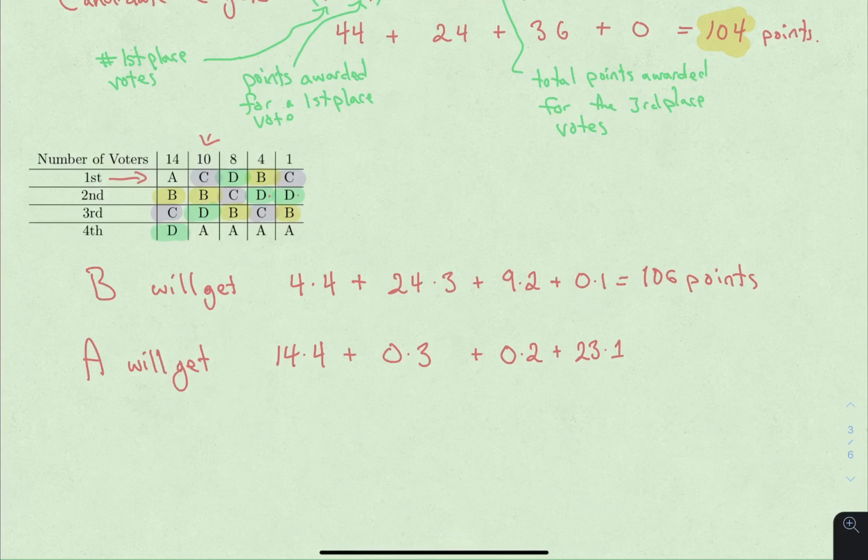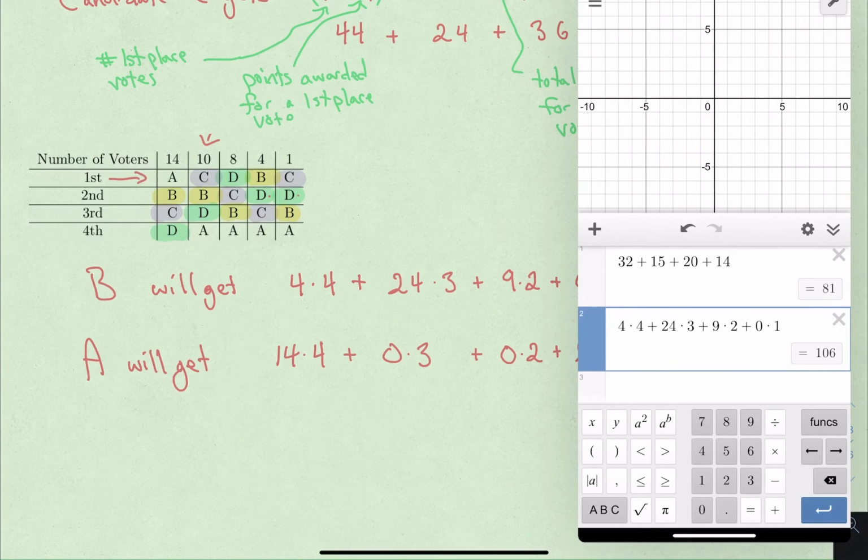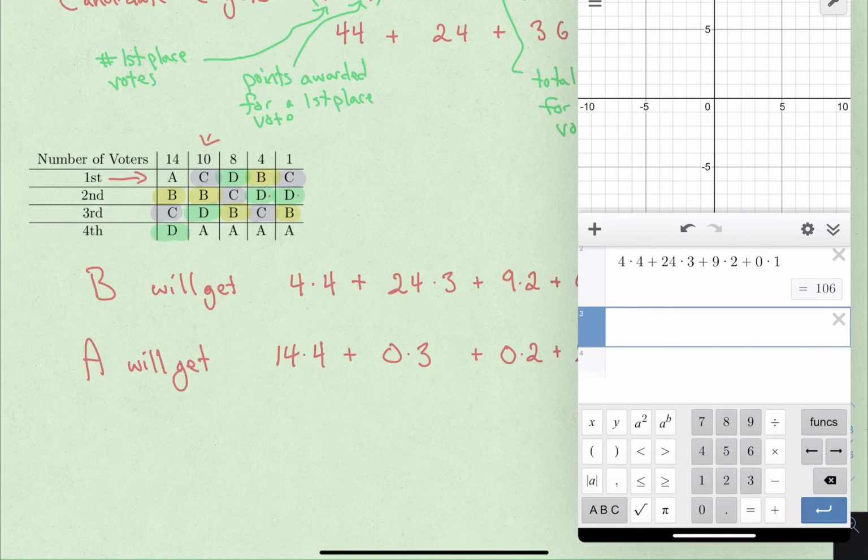Notice the 14 and the 23 add to 37. There were 37 voters in this election. So A is mentioned on 37 ballots. So that's good that those numbers add up to 37. And here we have 14 times 4 plus 23. Let's bring our calculator back for that. 14 times 4.